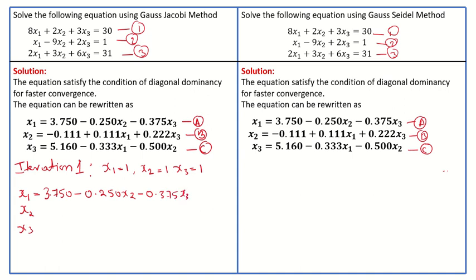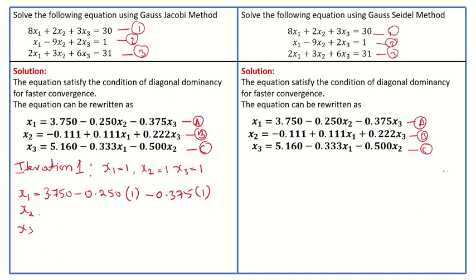Here in the place of x2 and x3 you are going to put the values of x2 and x3. So x2 is 1, I'll substitute that, minus 0.375 x3, that is also 1.